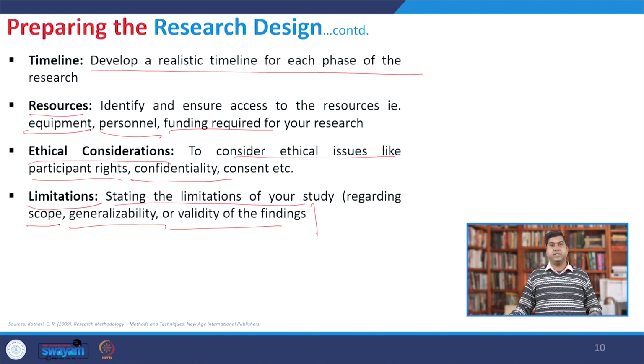The common mistake that we find among students or PhD scholars is that everything which is not achievable or not achieved in a particular case is put into the limitation. Sometimes in a report they would like to mention that because of time I could not do the data collection, so time is the limitation.